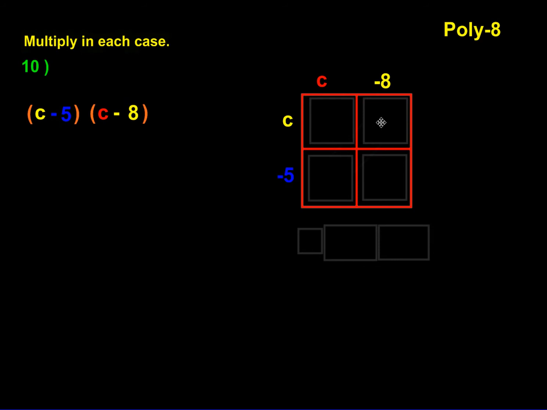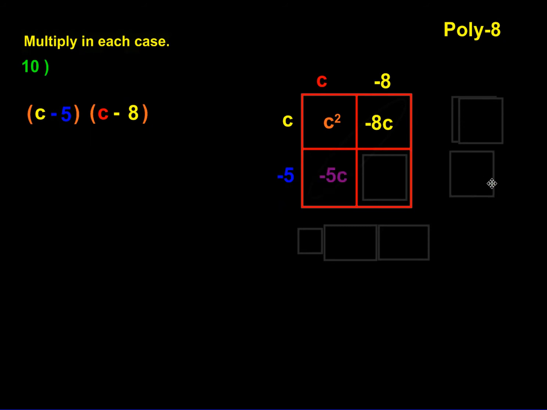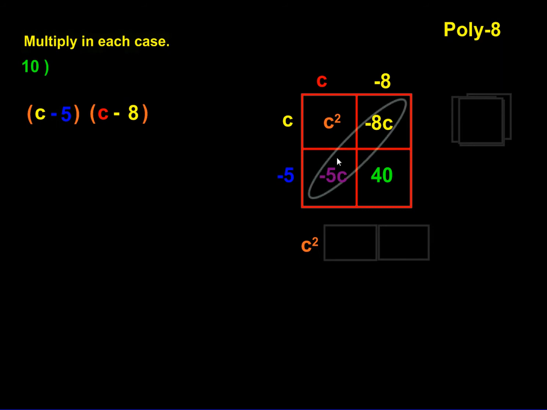So I have c times c for c squared, c times negative 8 for negative 8c, negative 5 times c for negative 5c, and negative 5 times negative 8, which is going to give me a positive 40. Once again, I know my c squared is my highest degree. It comes down first. I know diagonally I have some like terms, so I have a negative 5 and a negative 8.